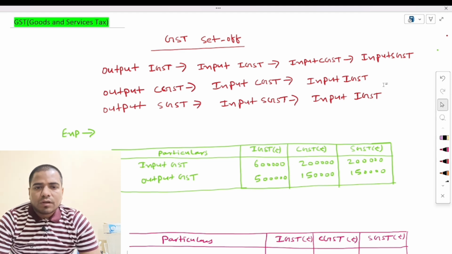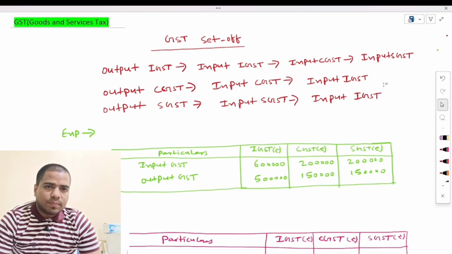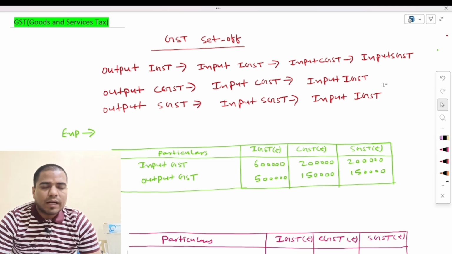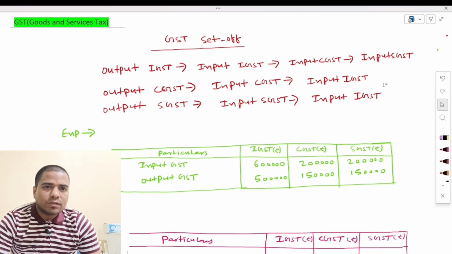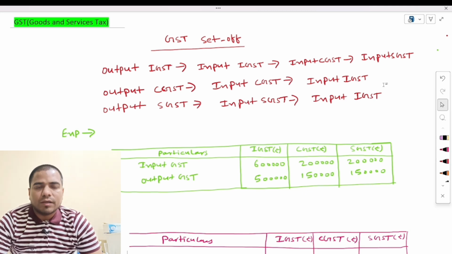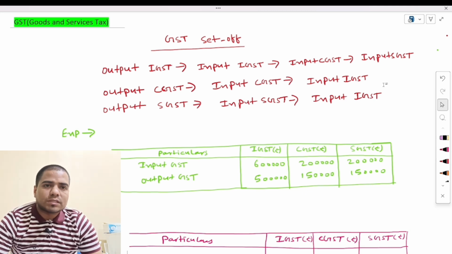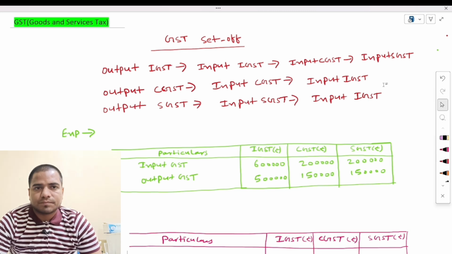Let us see here. As we know that there are three types of GST: IGST, CGST, and SGST. At the time of purchase of any material, we pay the amount of GST to the government or any other third party. In this situation, input GST account will be opened. It may be input IGST, input CGST and SGST.